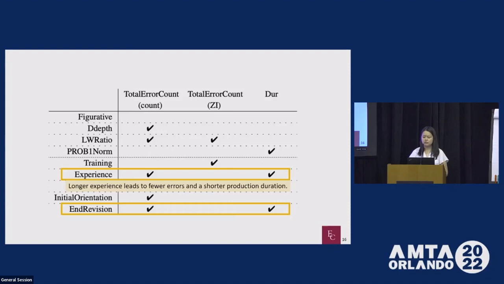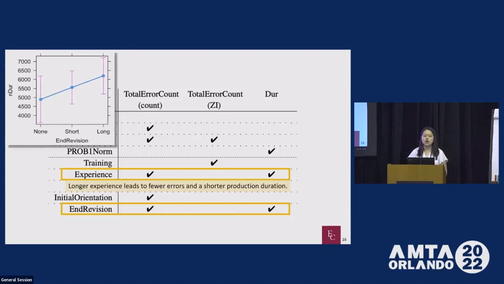The relationship between end revision and production duration in my previous research was like this. Those who spent longer time on end revision had longer production time.